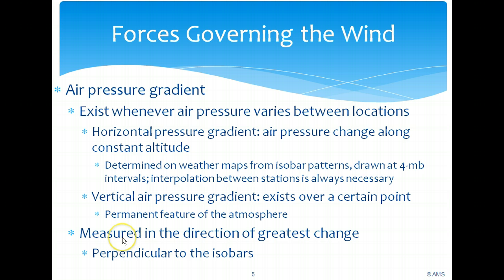We're very familiar with the idea of isobars. We've used them in our labs, and these horizontal air pressure gradients can be determined on weather maps from patterns of isobars, lines joining places that have the same air pressure.